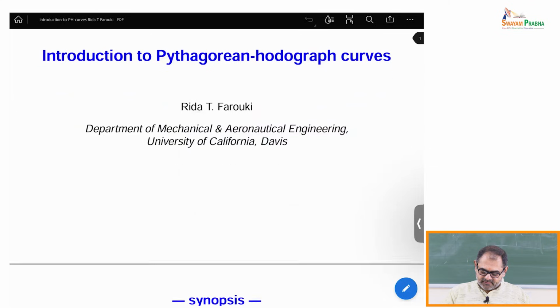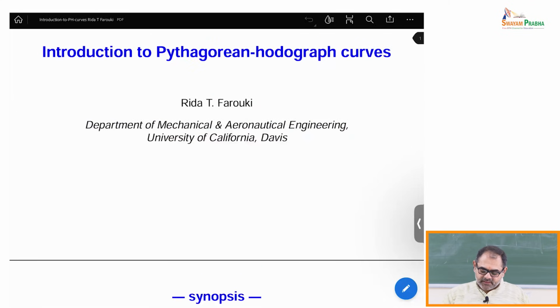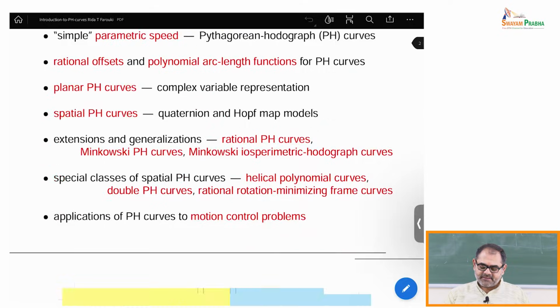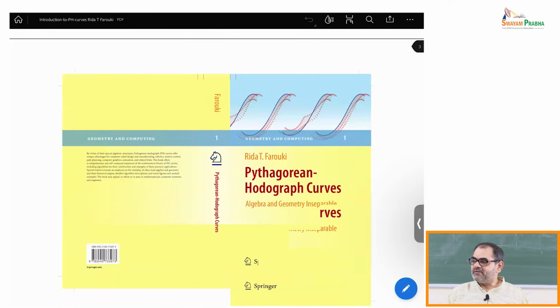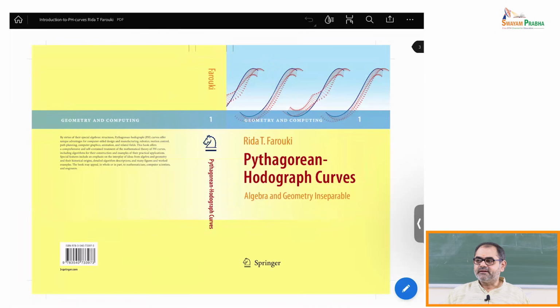This is a special class of curves called Pythagorean hodograph curves. There is this nice book which has all kinds of material on them. These are curves which can be parameterized by polynomials or rational functions.